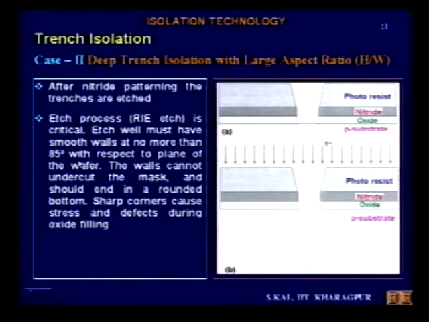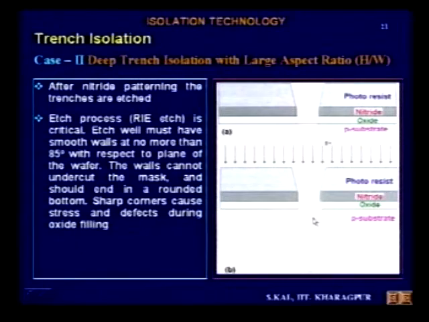Etch process is critical. You have to have a good anisotropic etching technique, and RIE is one such technique. The etch wall must have smooth walls. You are etching this wall, and one of the conditions is that the wall should be smooth. Etch walls must be smooth, at no more than 85 degrees with respect to the plane of the wafer. It should not be slant.